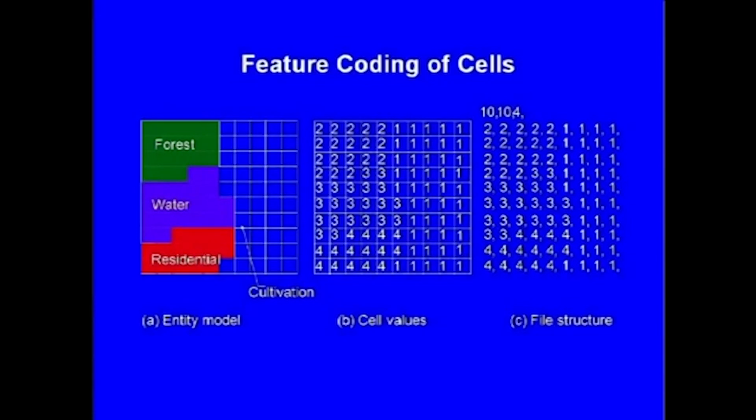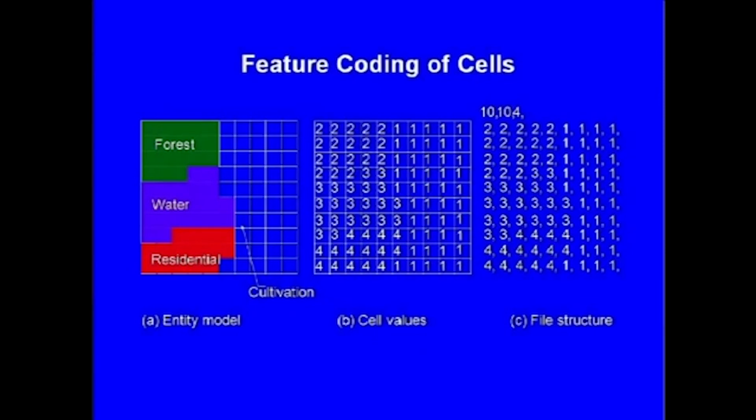That is, for all cultivated areas assign a code 1, for forest assign a code 2, for water assign a code 3, for residential areas assign a code 4. Based on these codes, the cell values have been provided the entity code values and they have very distinct locations.